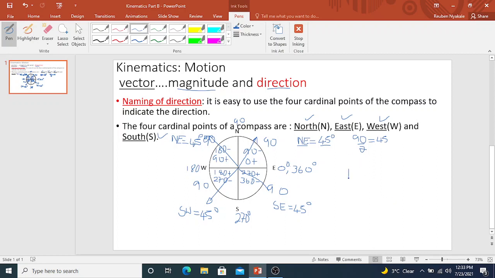You would say, this is my north, this is my east, this is my south, this is my west. And they are saying you are heading towards northeast. You know that you are on the 45-degree angle. This is where you are traveling.